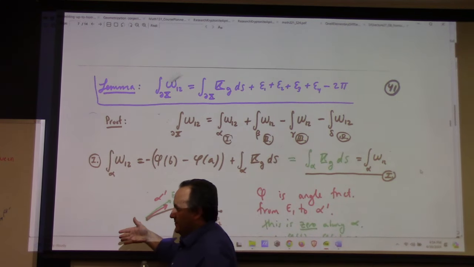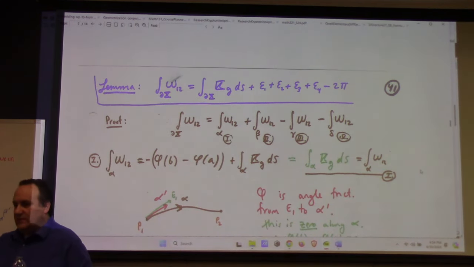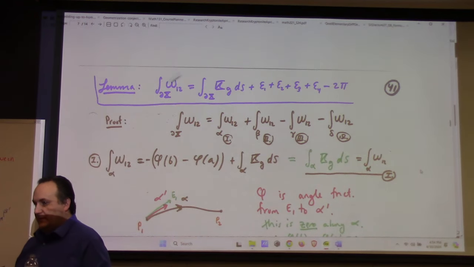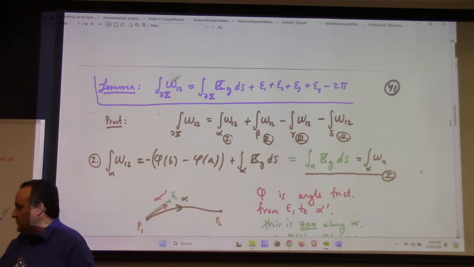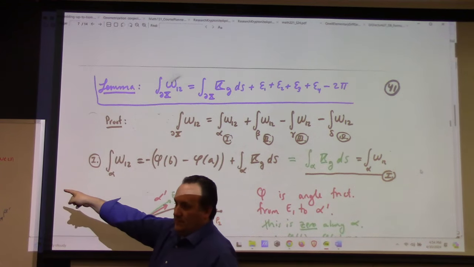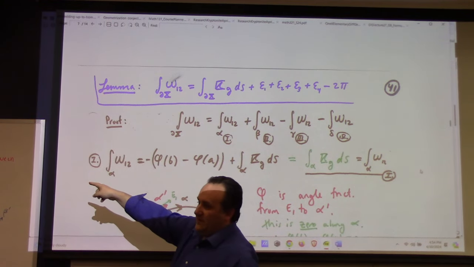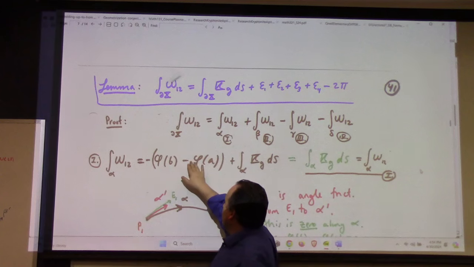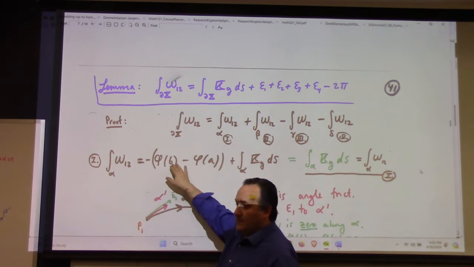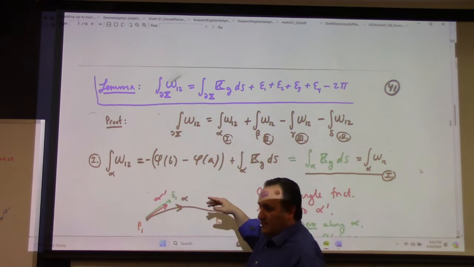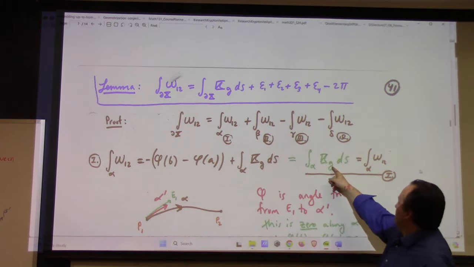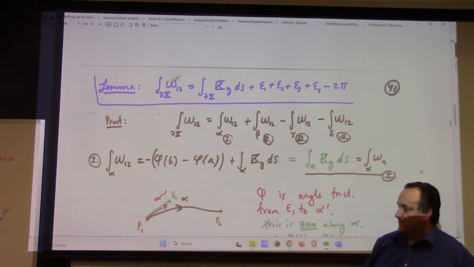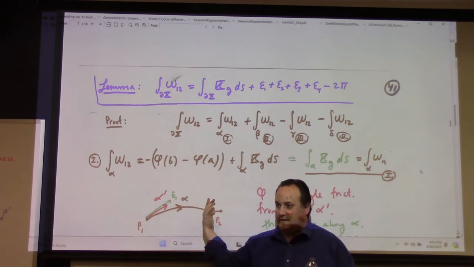Alpha is nothing more than using u as a parameter, so alpha prime is collinear to E1, because E1 is by definition that. So that makes phi of A and phi of B both very, very boring. They're just 0. So like I said, this is equal to that, because this is the picture. Alpha prime and E1, they're the same.